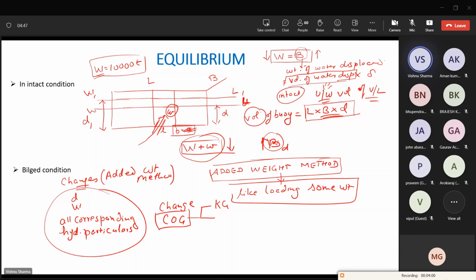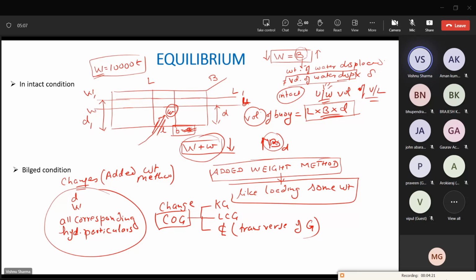It may cause a change in the longitudinal center of gravity depending on the longitudinal upsetting it causes, or it may cause a shift with respect to the center line, the transverse shift of G. Guys, all this happens when you load any weight on the ship.